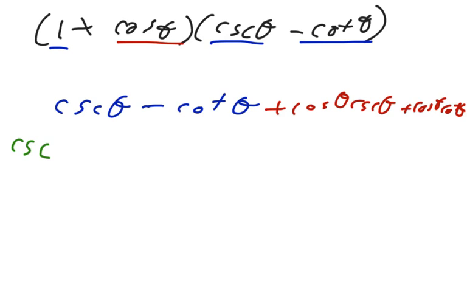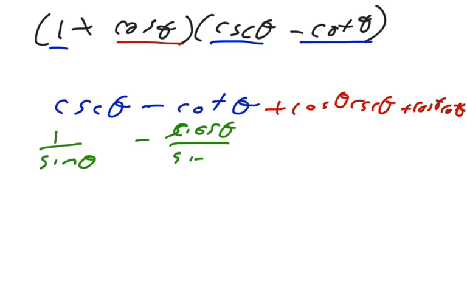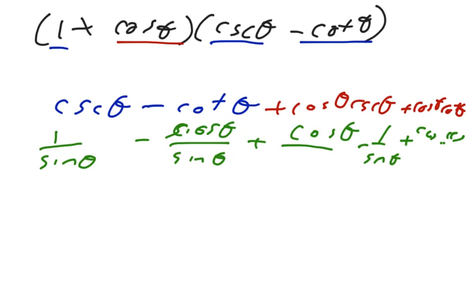So we're going to change this to be 1 over sine theta minus cosine over sine theta plus cosine theta times 1 over sine theta plus cosine theta cosine theta over sine theta.